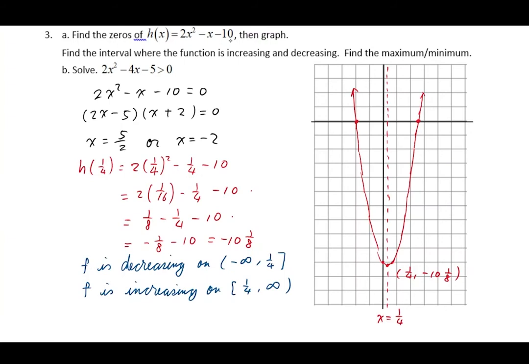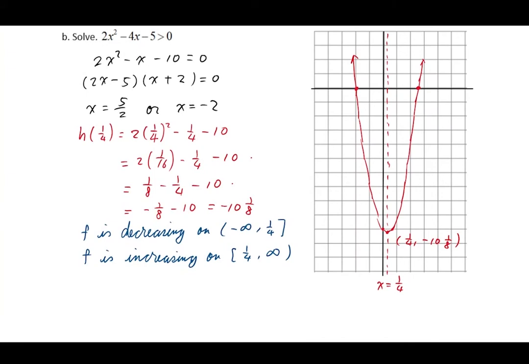Okay, therefore we have our minimum at 1/4 and negative 10 and 1/8. How about that? Okay, now the inequality part.